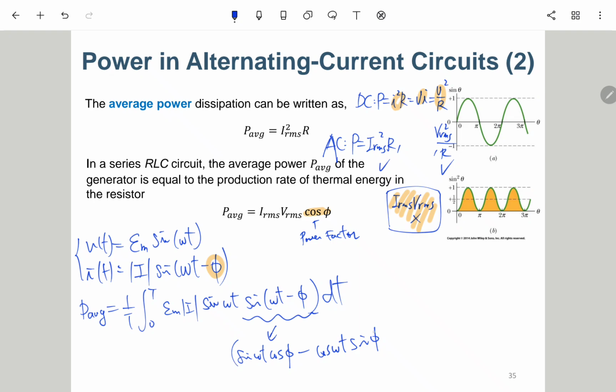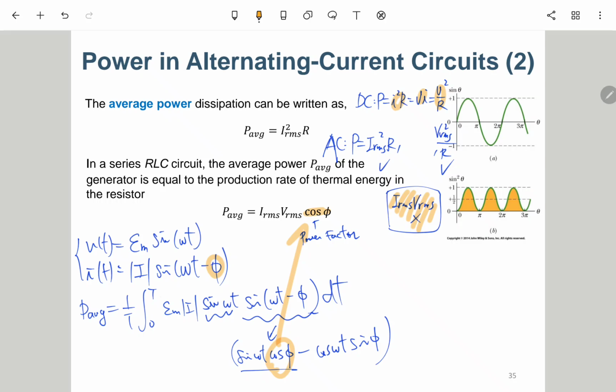If you multiply this one with this one, we have sine square. Integrating it for a period will be 1/2, and then multiplied by this one, so this turns out to be this cosine of phi here. But if we have a sine of omega t times cosine of phi, it becomes a half of sine 2 omega t.